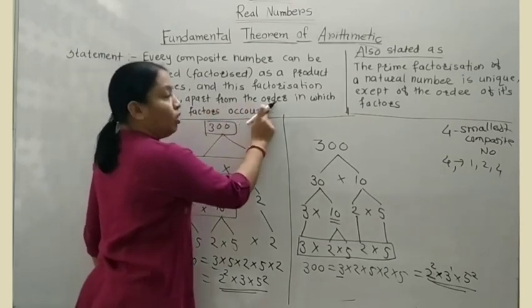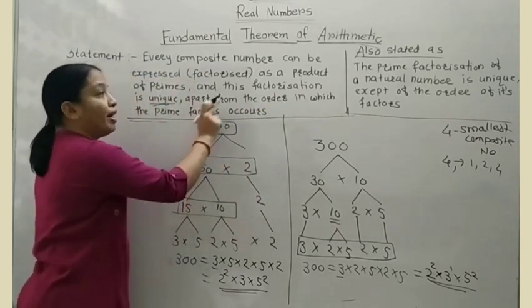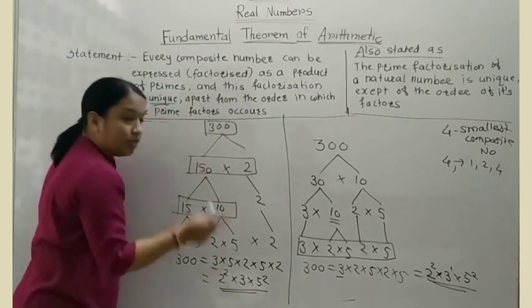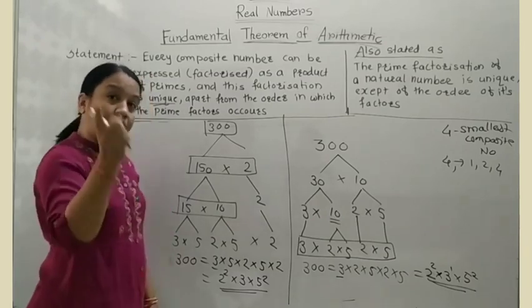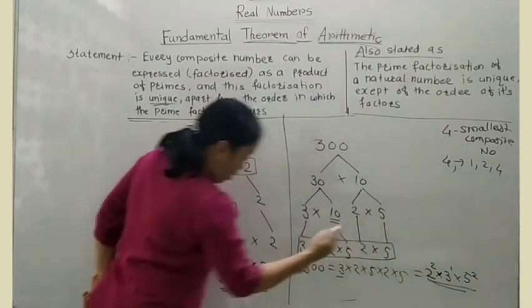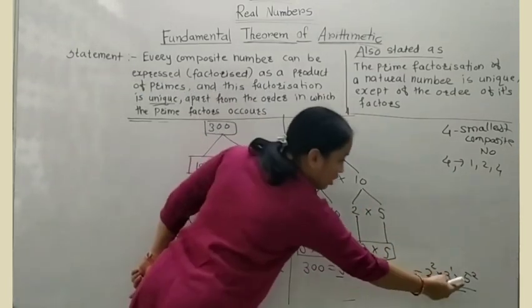Apart from the order in which the prime factors occur, the orders can be different, but the prime factors are the same and their powers: here 2 two times, here also 2 two times, here 3 one time, here also 3 one time, here 5 two times, here also 5 two times.